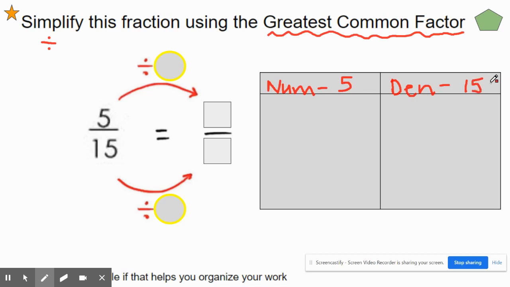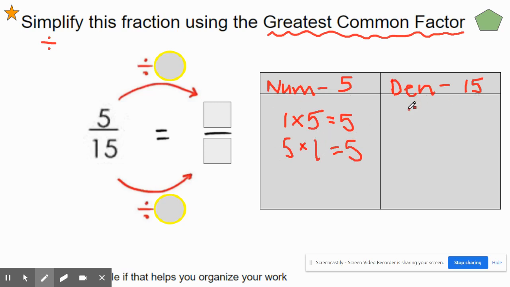So now in this chart, what I'm going to do is write out all of the multiplication facts that will get me 5. So I know that it's 1 times 5 equals 5. And I know that, well, technically 5 times 1 is a different multiplication fact. All right, and those are the only two. Then I'm going to go over to my denominator.